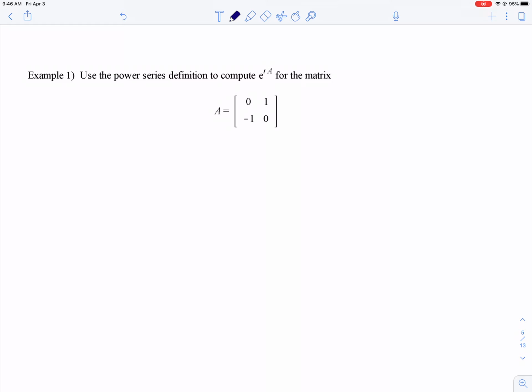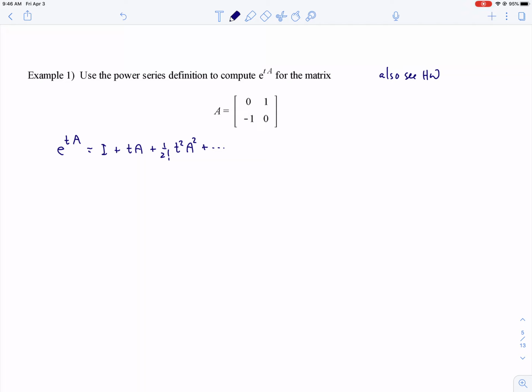But in this example, and in your homework, the power series works out really nicely. Okay, so e to the tA is the identity plus tA plus 1 over 2 factorial, t squared A squared, and so on.